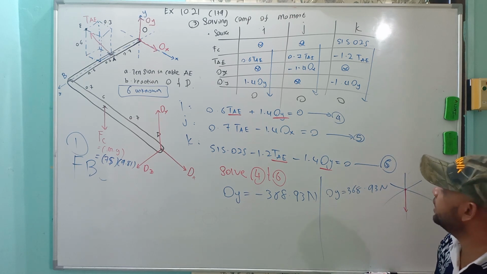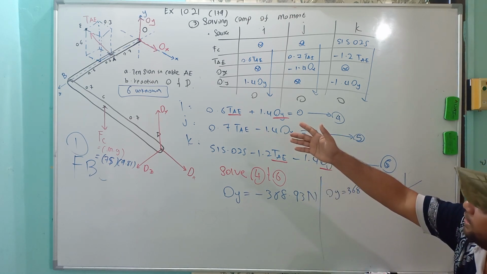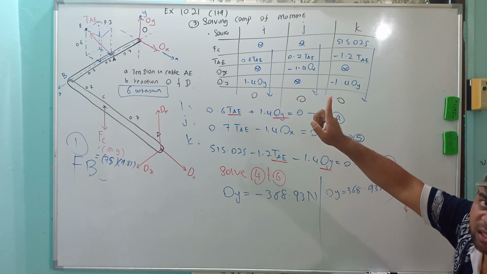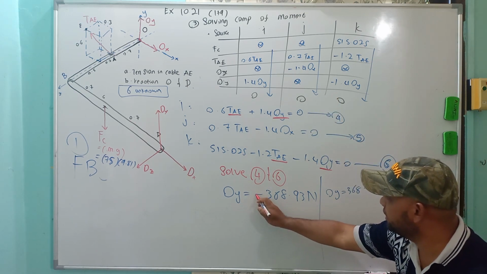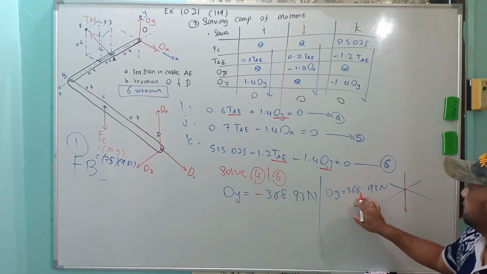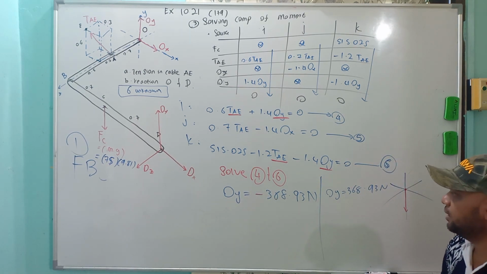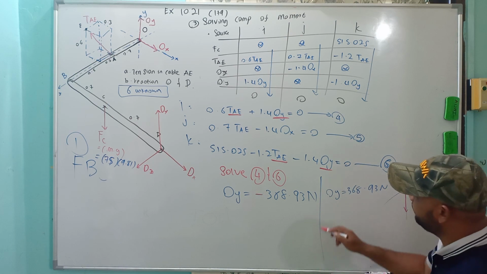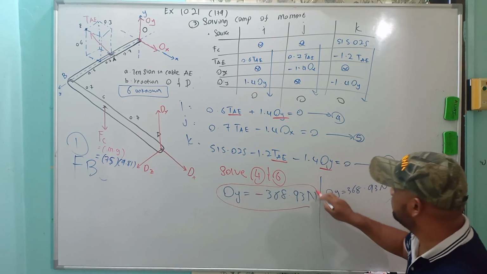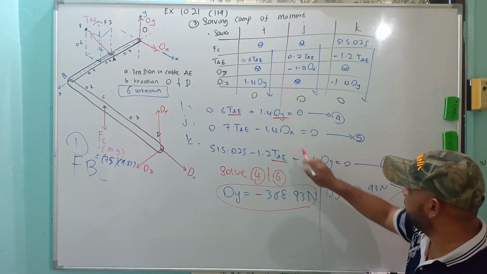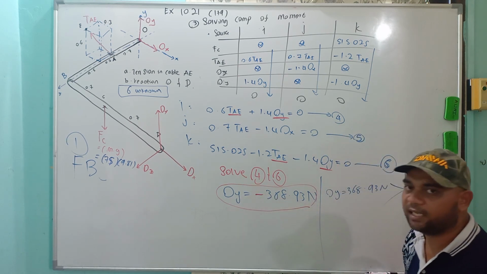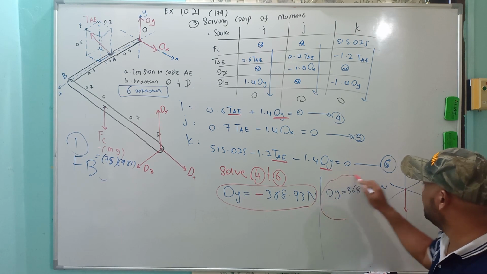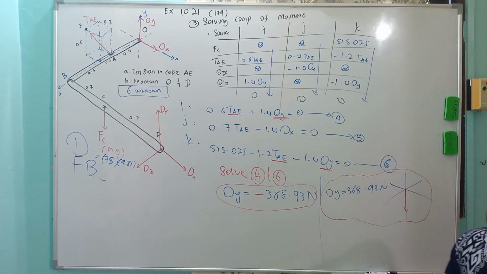The direction will be downward because from our assumption OY was going upward, but we got a negative value, so this one will be 368 going downward. But when you want to replace this back into an equation, let's say you simplify this one and want to replace it back in the equation, you have to use the negative, not the positive one. This is our interpretation of what it means when the value is negative.